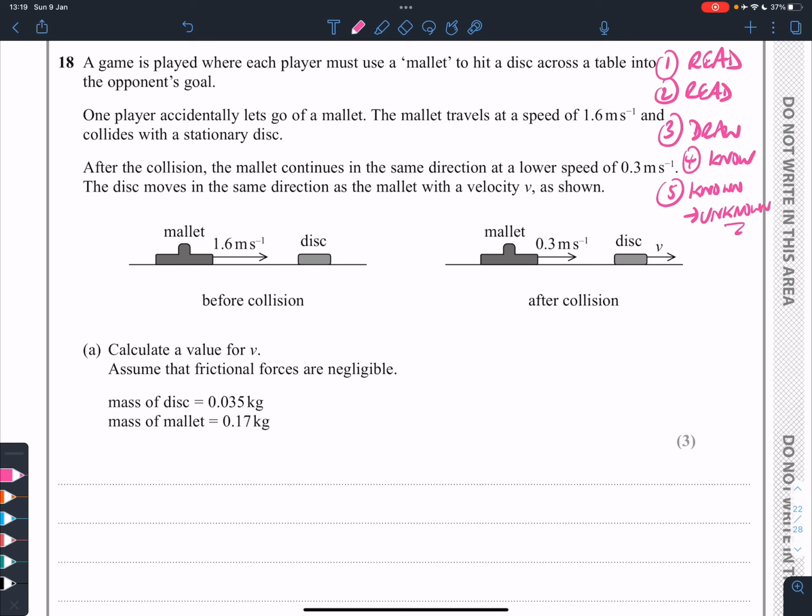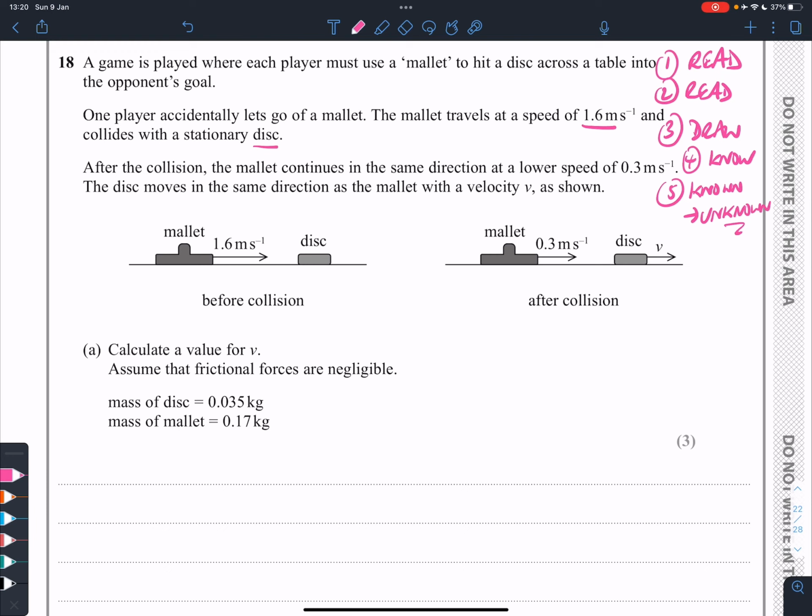Okay, so a game is played where each player must use a mallet to hit a disc across a table into the opponent's goal. One player accidentally lets go of a mallet. The mallet travels at a speed of 1.6 meters per second and collides with the stationary disc. After the collision, the mallet continues in the same direction at a lower speed of 0.3 meters per second.